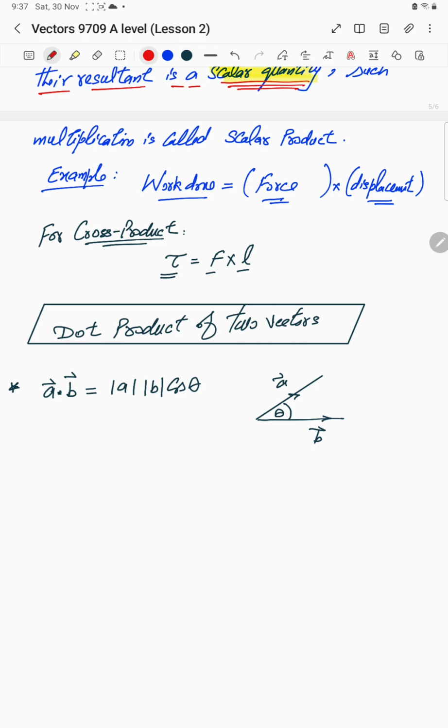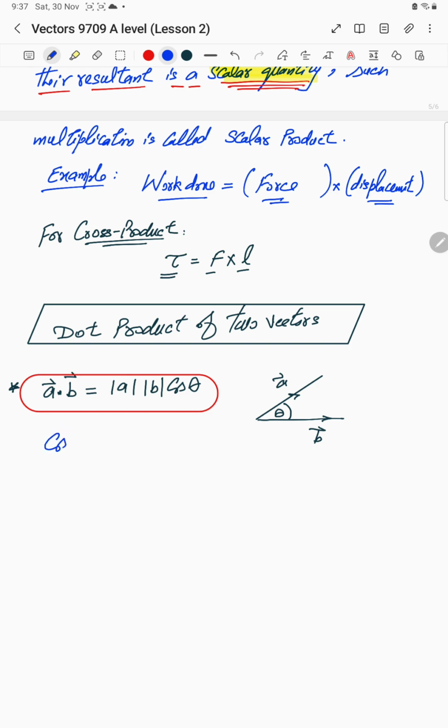This is the rule which helps us to find the dot product or scalar multiplication of two vectors. And sometimes we need to find the angle when vectors are multiplied in a scalar product.